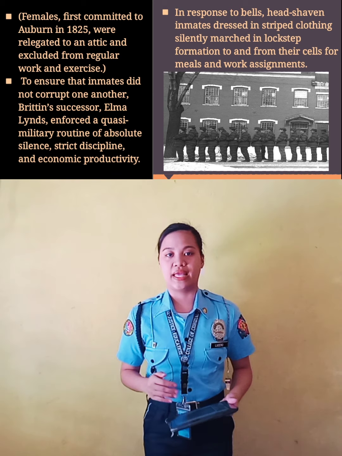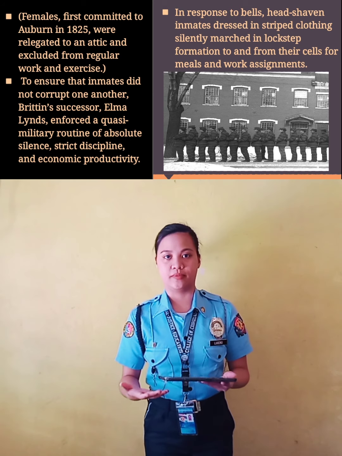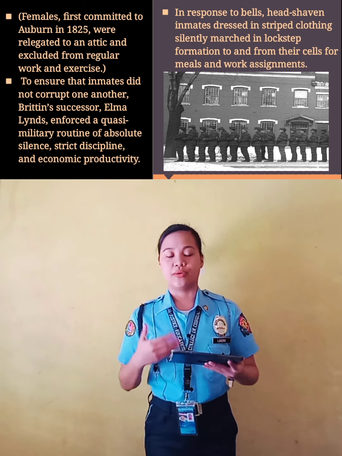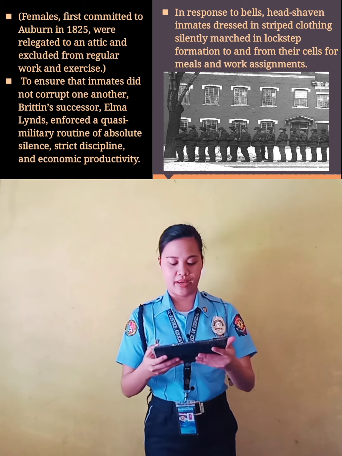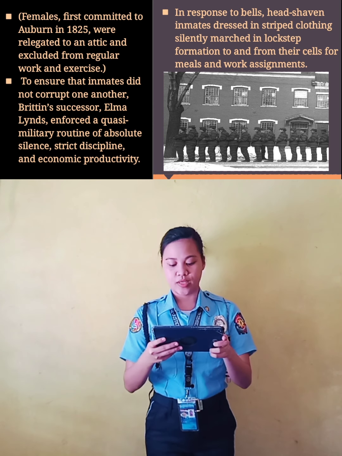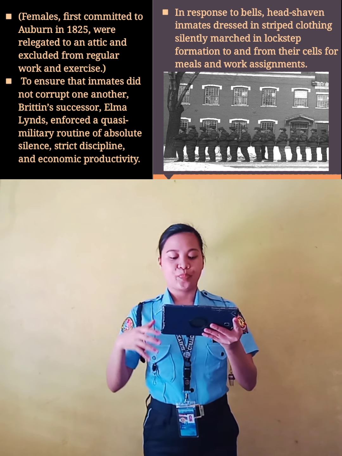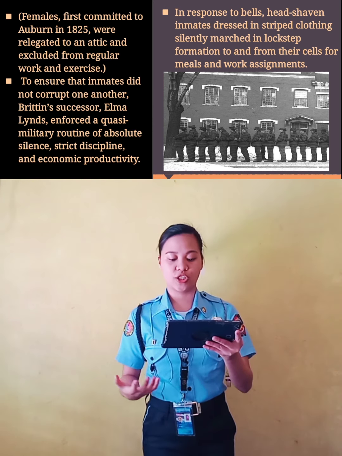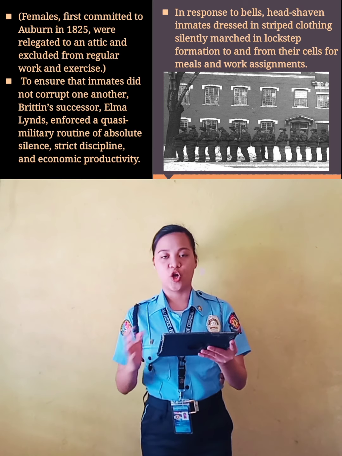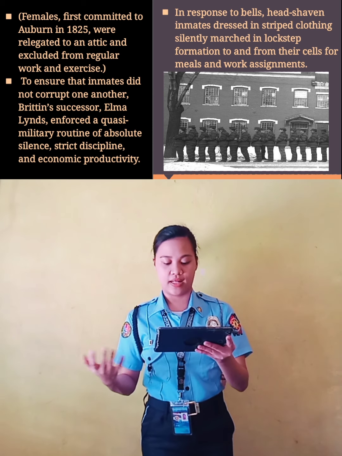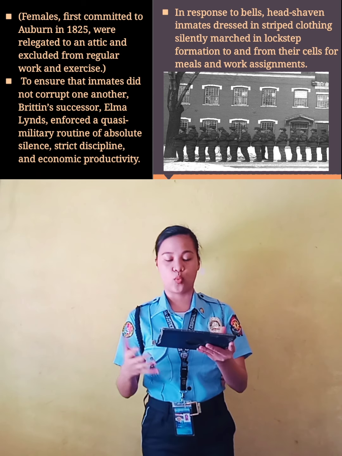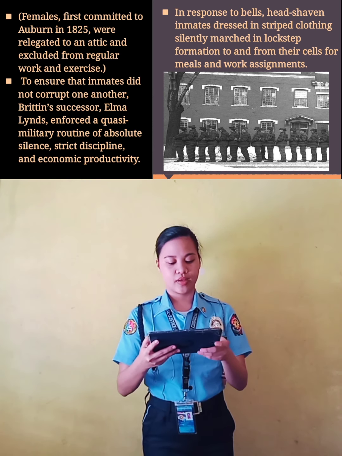So these inmates were disciplined on how they would act according to what was implemented by the prison system. For example, they march silently going to meals, then going back to their cells, doing their work assignments and everything.